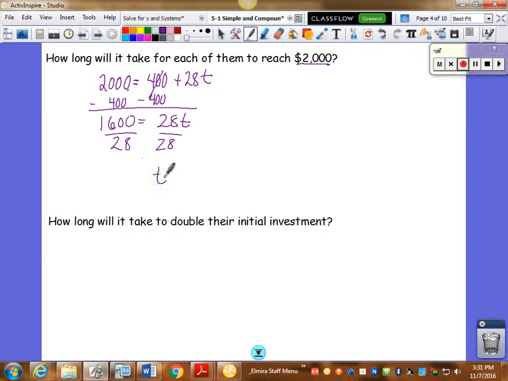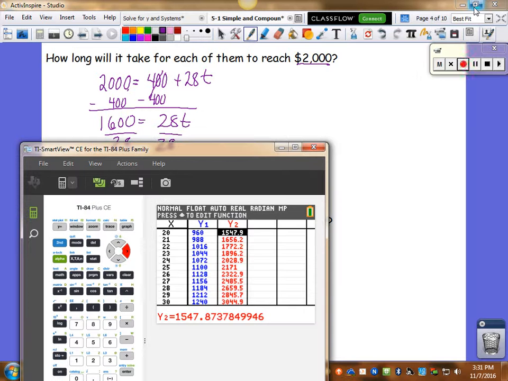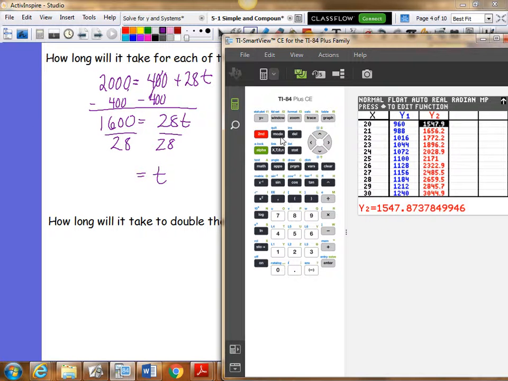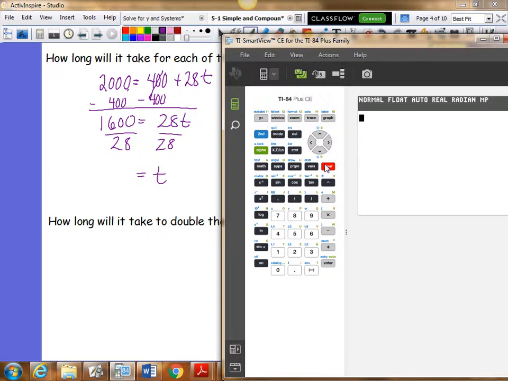Now this is not going to come out perfect. We have 1,600 divided by 28, which says 57.142.